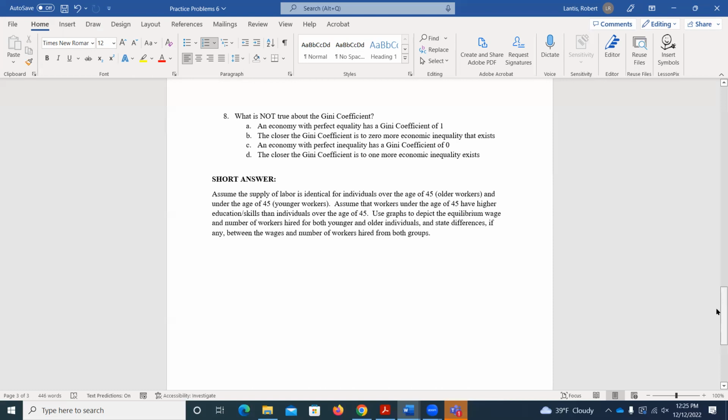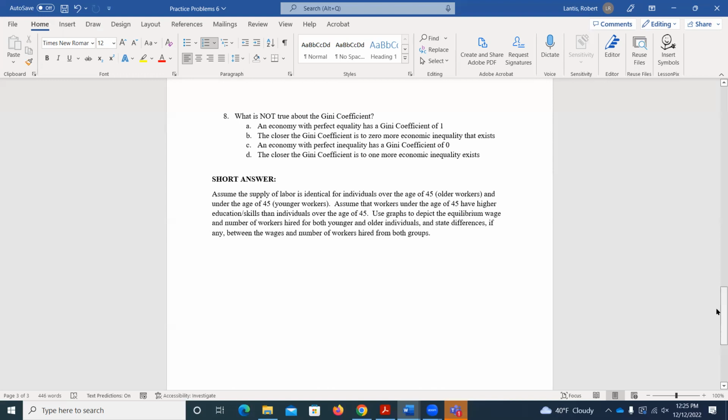Now, when I say education or skill here, this is really relevant for any industry where you need to keep up on or could have an advantage from having internet and social media skills. You see a lot of the older workers don't have that.